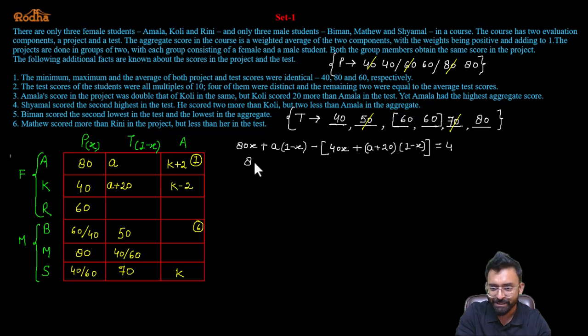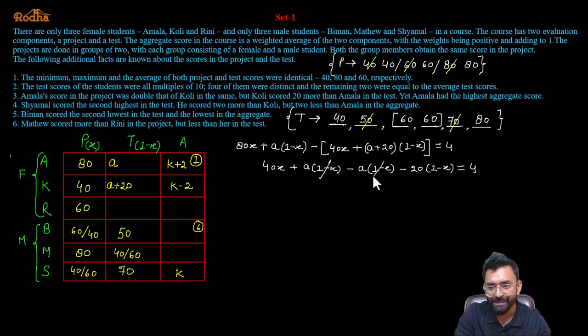This is 80x minus 40x. 80x minus 40x is 40x plus a into 1 minus x, माइनस अंदर मल्टीप्लाई करेंगे तो कितना हो जाएगा a into 1 minus x and minus 20 times of 1 minus x, which is equal to 4.